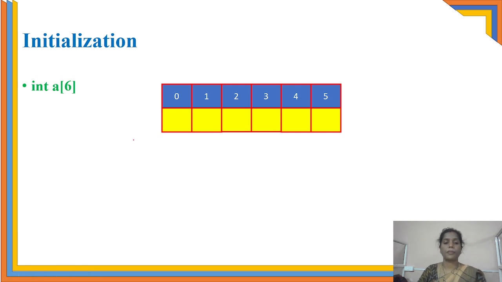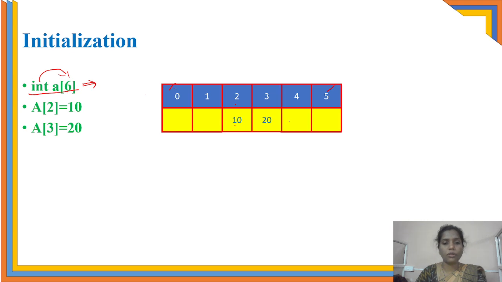Initialization. See here, int a of 6. We have declared an integer array of size 6. So the index will be 0 to 5 because array index starts from 0. A of 2 equals 10. Next, a of 3 equals 20.